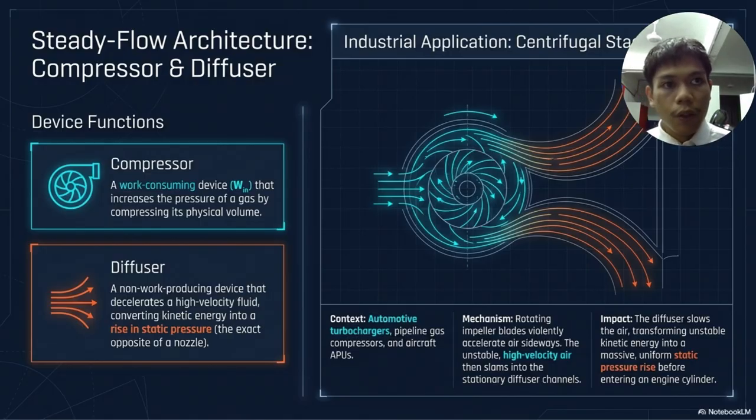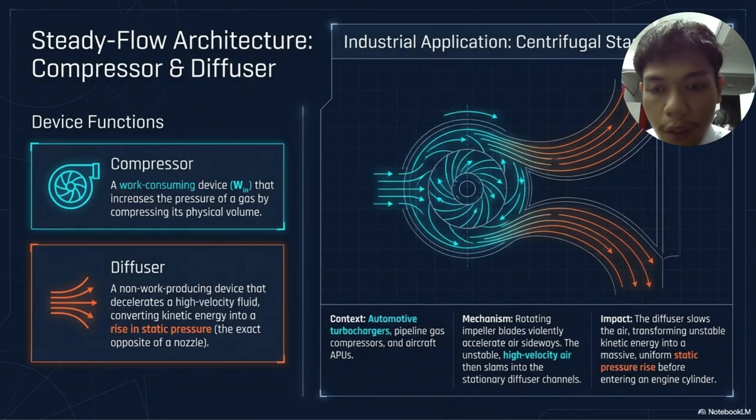In real life, we normally see this as a centrifugal stage. An example is the turbochargers in automotive. Another example is pipeline gas compressors and aircraft APUs.